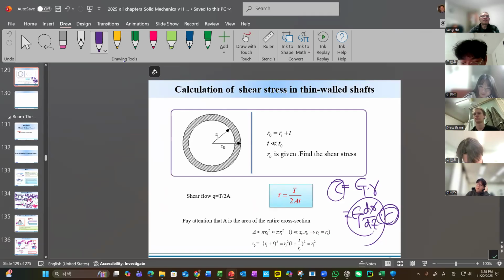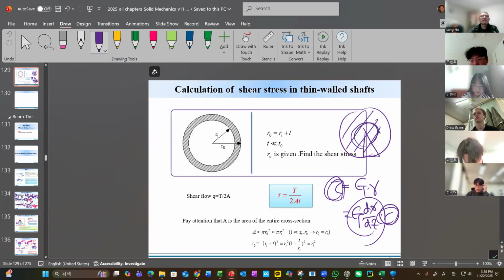So if this is a solid shaft like this, the shear stress will be very small inside, as you can see. This is small. Let's say this area and our area are the same, A1 and A2 are the same. But the role of the shaft is mostly outside. So there is no need to waste material inside.